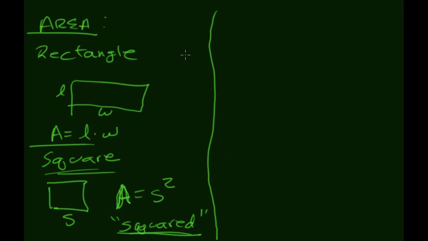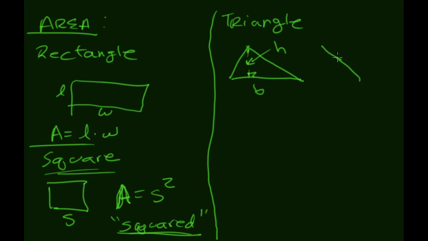Okay, so let's say we have a triangle. Now the triangle is a little bit tricky because I have 2 dimensions I'm going to use here. I can use its base and what's called its altitude. So the altitude is that height from the bottom to the top. Now note that altitude is not always inside the triangle.